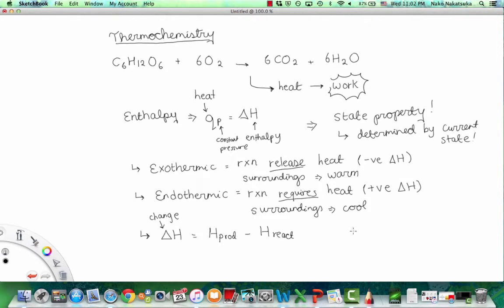Other state properties that I'm going to briefly mention here are things such as internal energy, and don't worry, we'll talk more in detail about these individual properties later on.